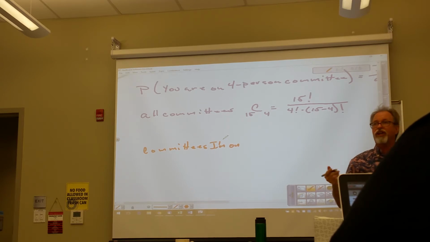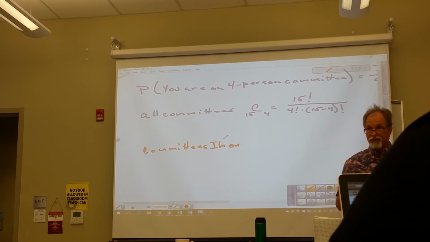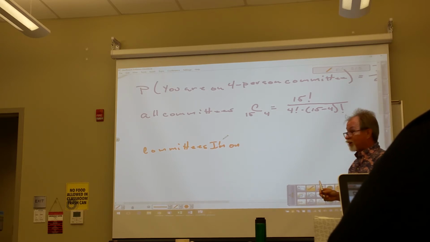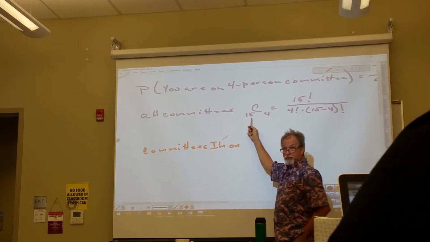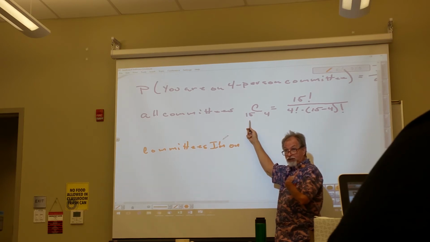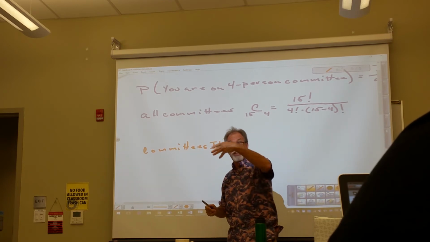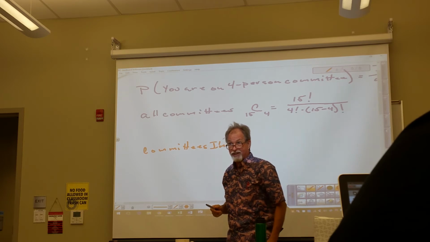But how would I calculate how many committees I would be on? You take away one person, maybe. Is that where you take away one person? I'm going to take away one person that I can choose because I'm on the committee, right? So that means there's only 14 people left, right?